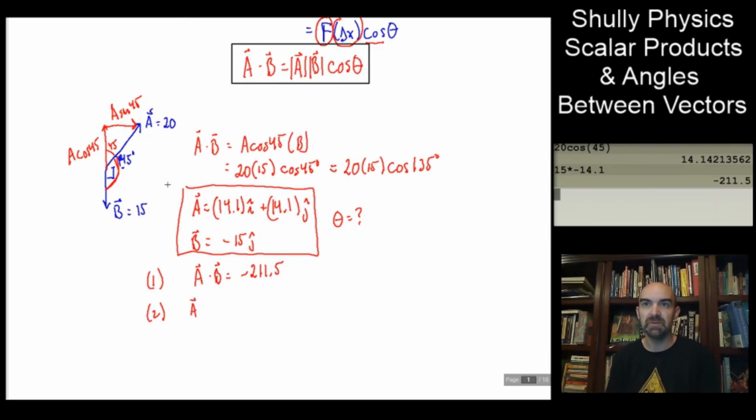Well, the magnitude of A, if I do 14.1 squared plus 14.1 squared and take the square root, I'm going to get the hypotenuse. Now we can already see that it's 20. So the magnitude is 20. And the magnitude of B is 15. Notice I'm not putting any positives or negatives. These are just the magnitudes, like the absolute values, the amounts.